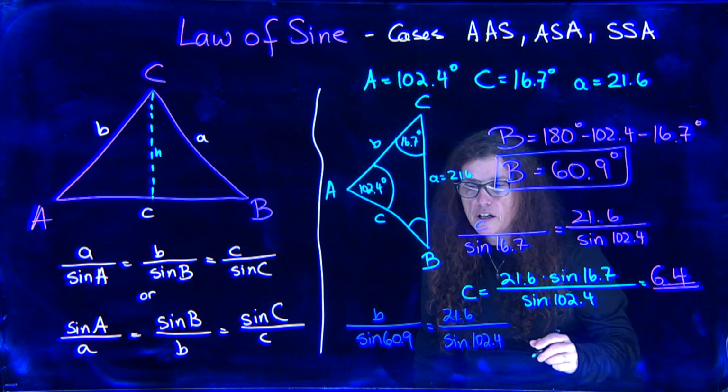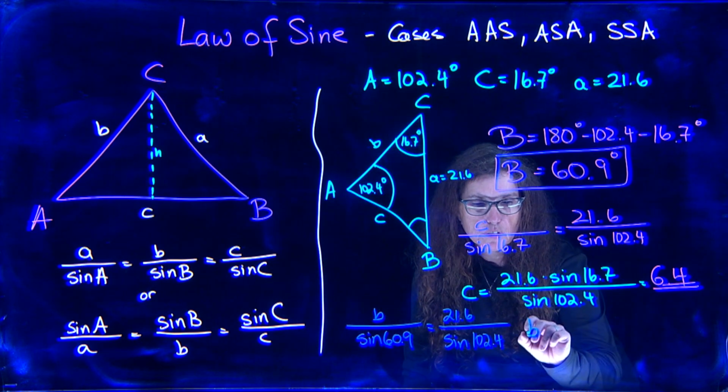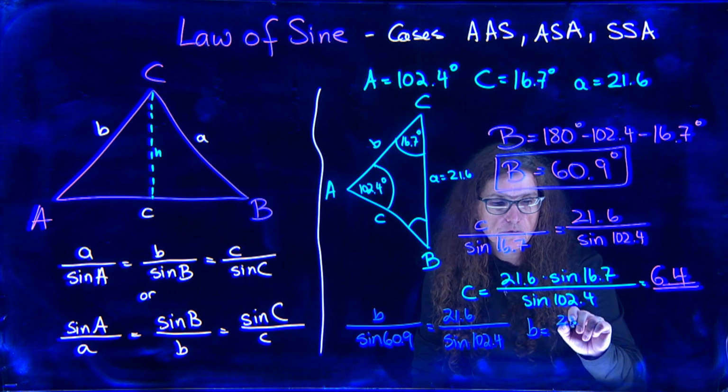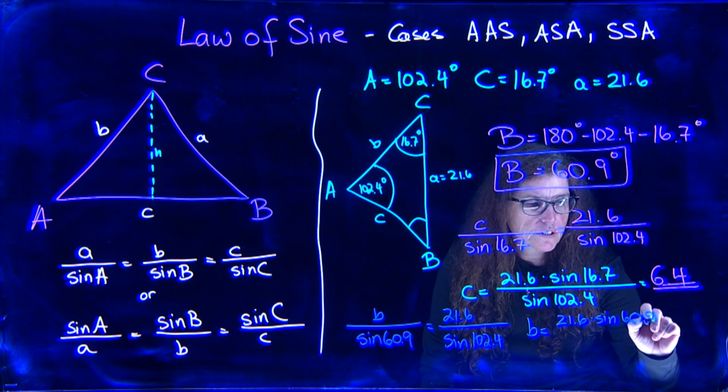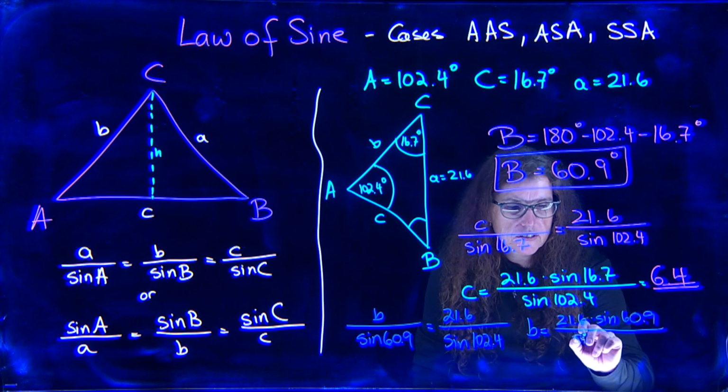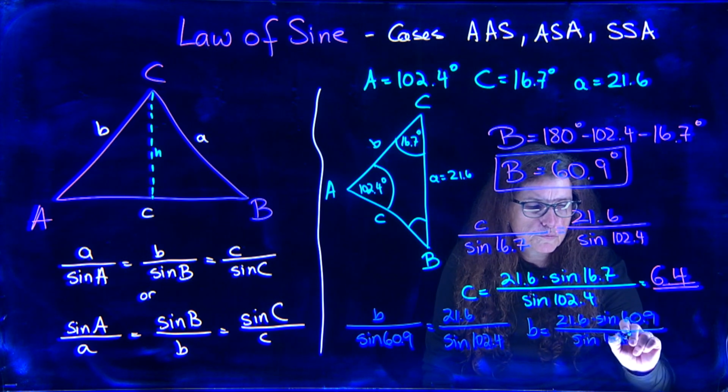You multiply by sine of 60.9, so b equals 21.6 times the sine of 60.9 divided by the sine of 102.4.